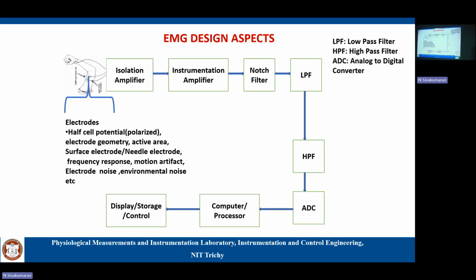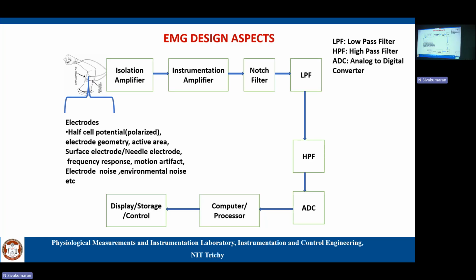This electrode, what it does, you might have known about the Nernst potential, the Nernst equation. What Nernst did was come up with the relationship between the ionic potential and the electric potential.